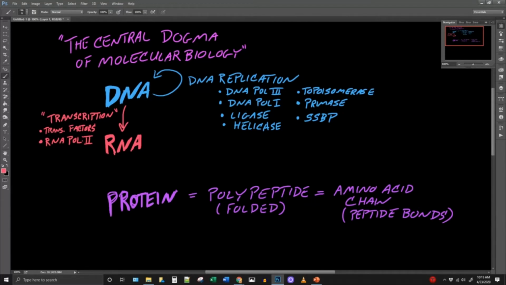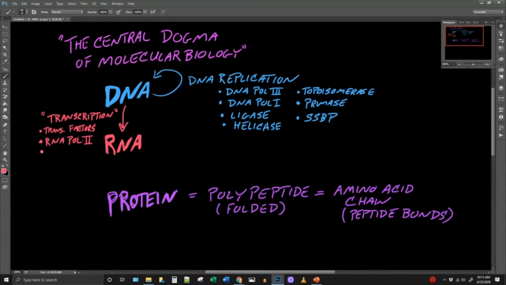So transcription is taking DNA information and using it to copy into an RNA molecule. So we're making RNA. What enzyme do we need? RNA polymerase. DNA replication, we're copying the DNA. So we're making more DNA. What enzyme do we need? DNA polymerase. So remembering this central dogma chart can be kind of helpful to remembering which enzymes go with which step.